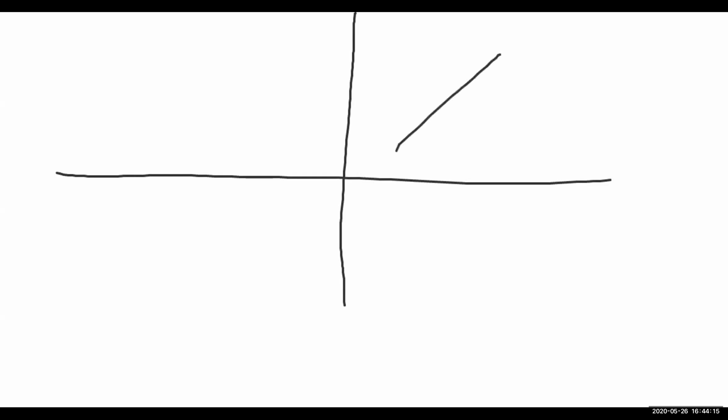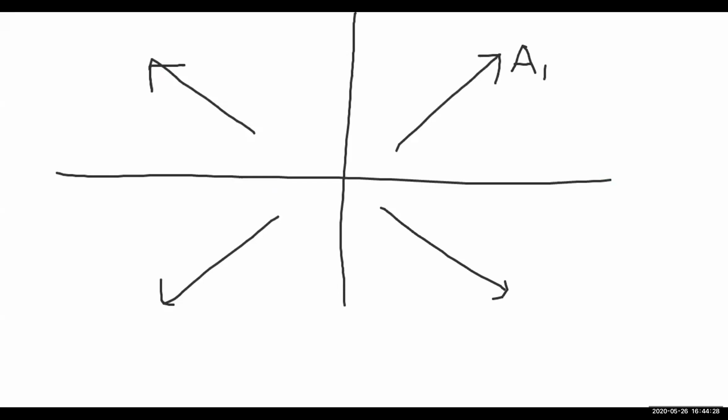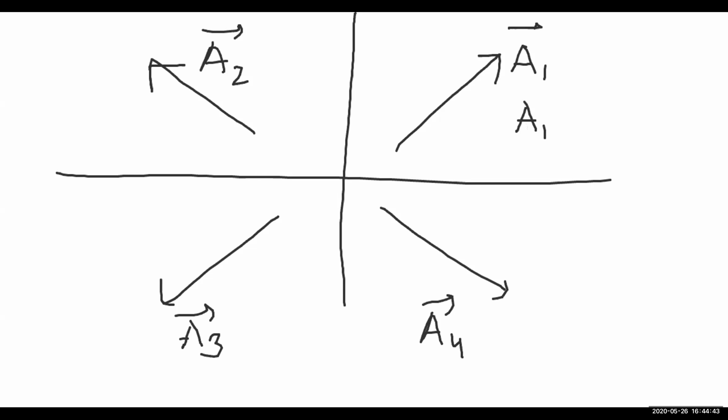Now if you have a vector like this and a vector like this and a vector like this and a vector like this, and this is the vector a1, this is a2, this is a3 and this is a4, then the x component and the y component of vector a1 will both be positive.